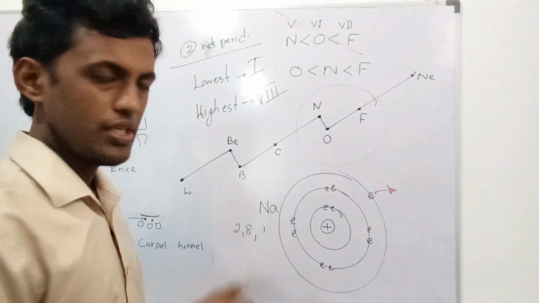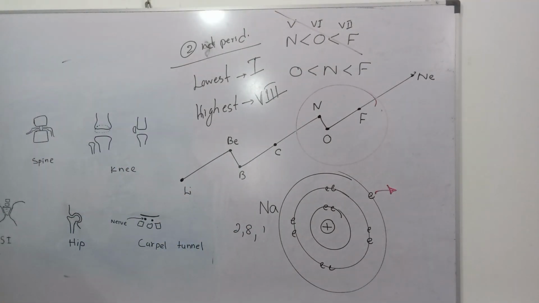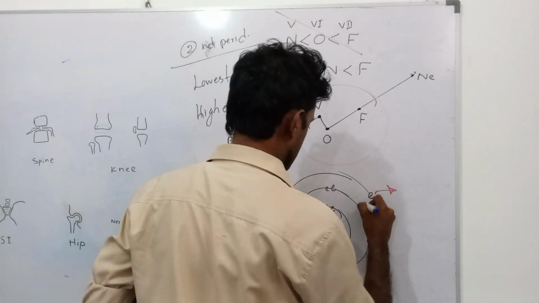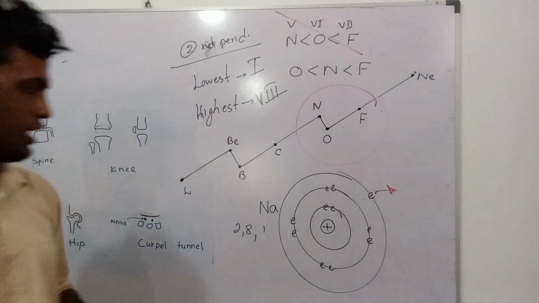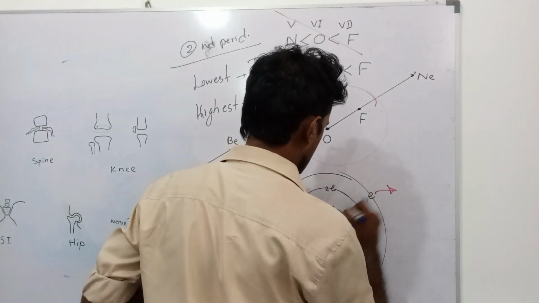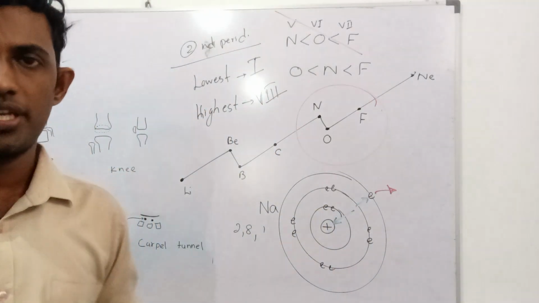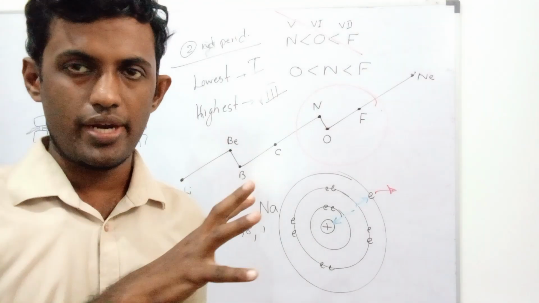Why do you need to supply some energy? Because there is a strong attraction between this electron and the nucleus. So we need to break that attraction.